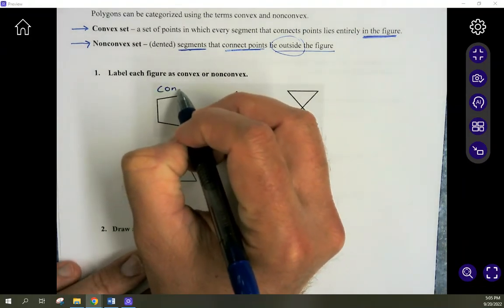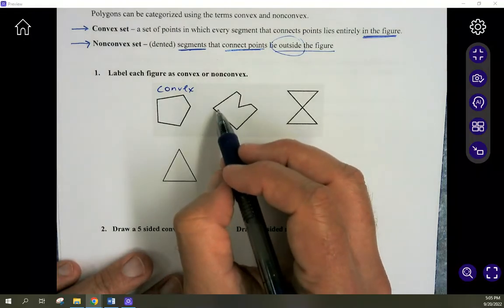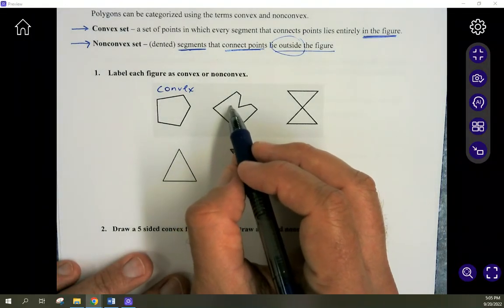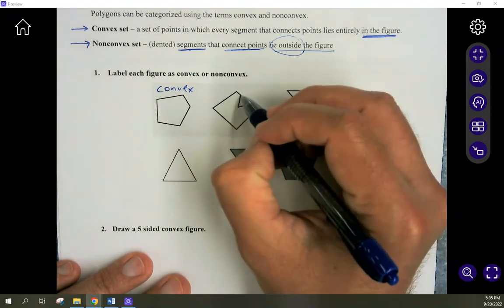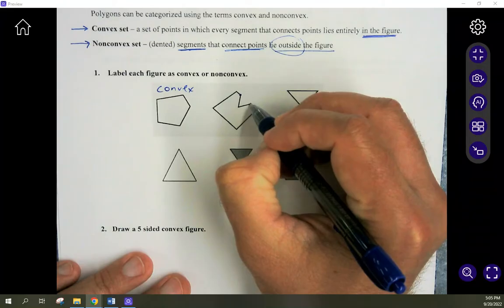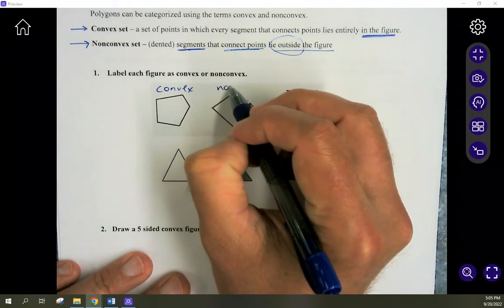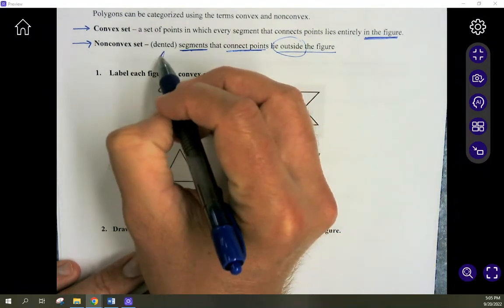This would be considered convex. How about this one? Well, some of these points maybe, but this one, if I was connecting this point and this point, I would have to go outside the shape. And clearly, if I connected those 2 points, I am outside the shape. This is non-convex.